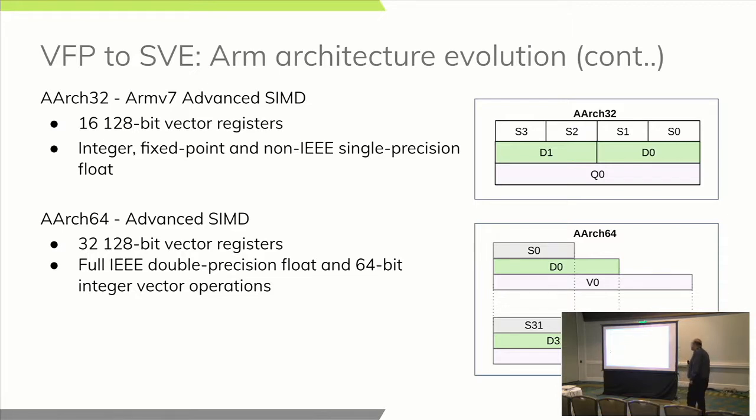So S0 will map onto the first 32 bits of V0, and S31 will map onto the first 32 bits of the V31 register. So the mapping, as you can see, has now changed, and the pseudo registers in this case are the S register and D register, while the V register is the actual register which we have memory for.